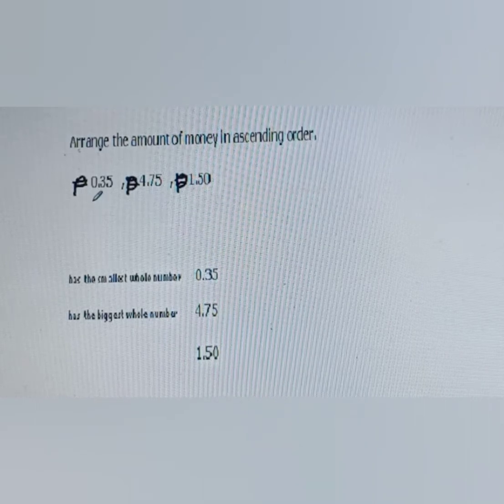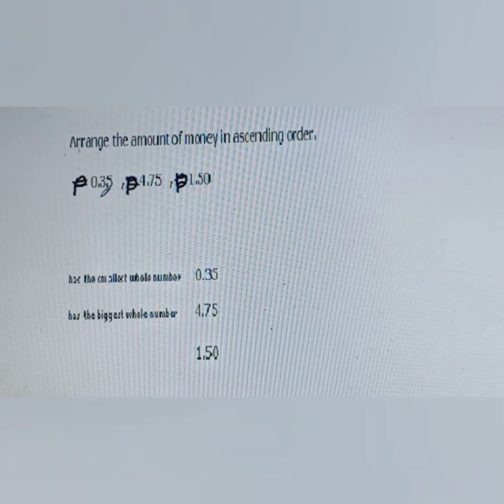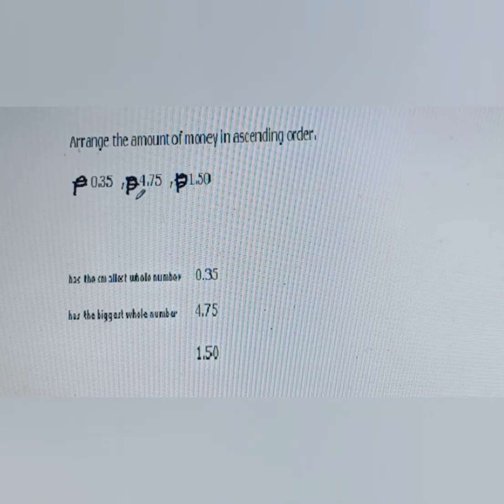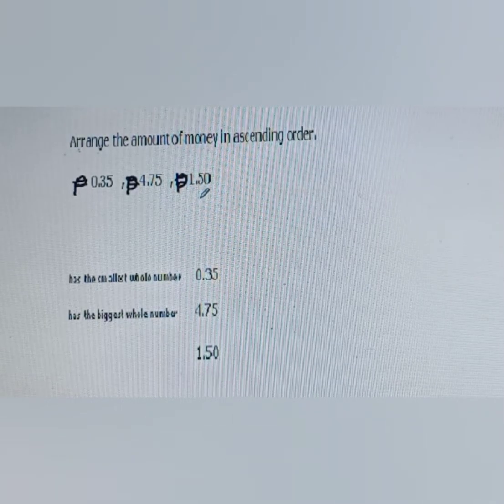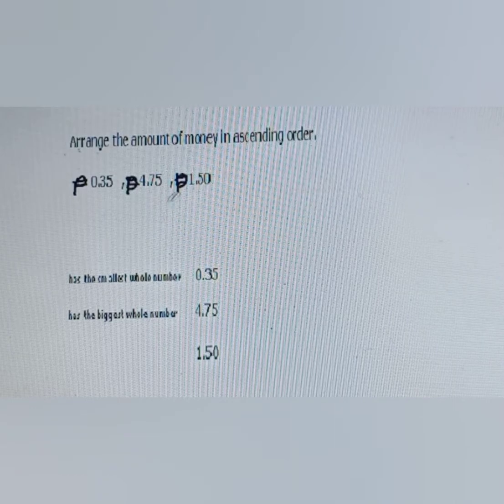This time, let's arrange the amounts of money in ascending order. Ascending order, we start with smallest to biggest. So the amounts are 35 cents, 4 pesos and 75 cents, and 1 peso and 50 cents. Let's arrange the amounts from least to greatest. So let's arrange these numbers vertically like this.